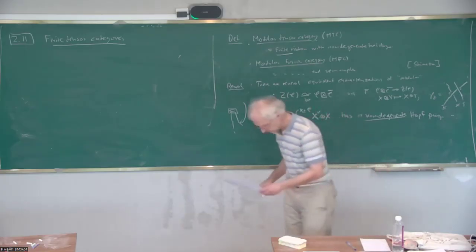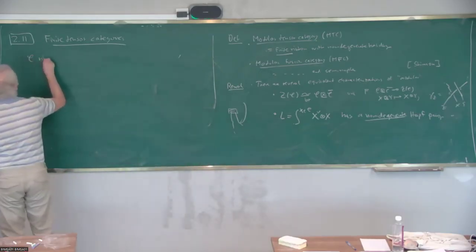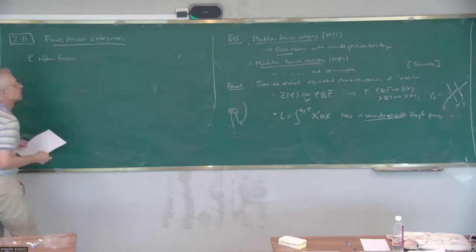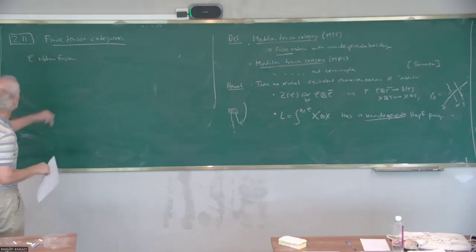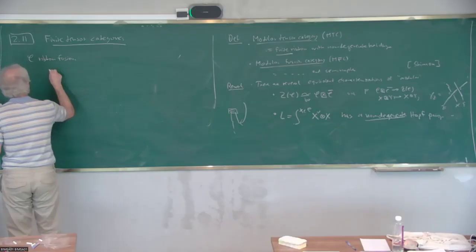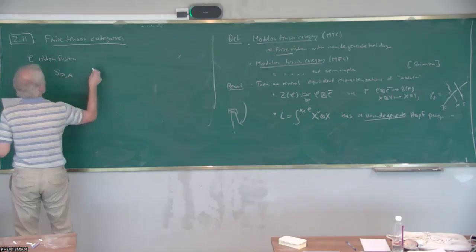We have a ribbon fusion category, so finite tensor category, semi-simple and ribbon. Then define numbers S_{lambda mu}.